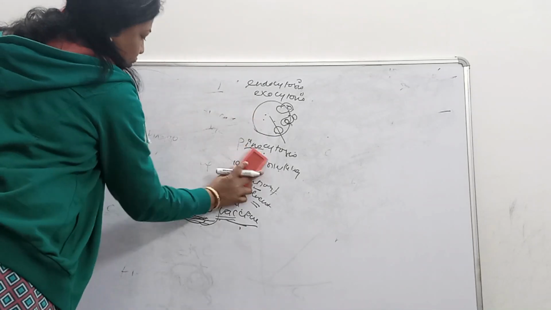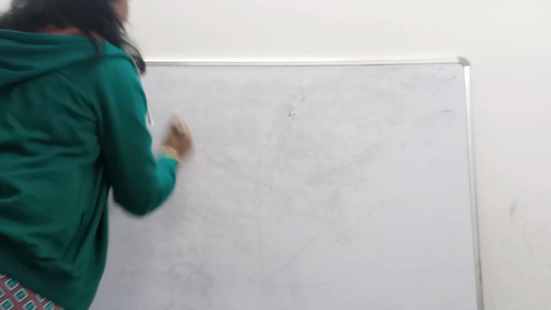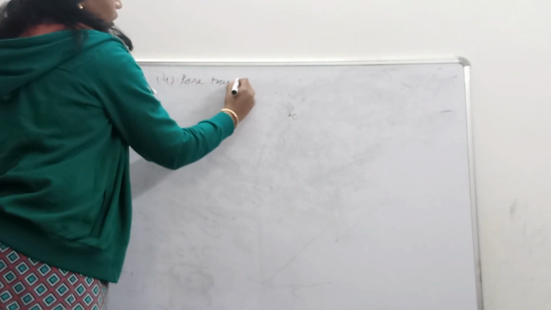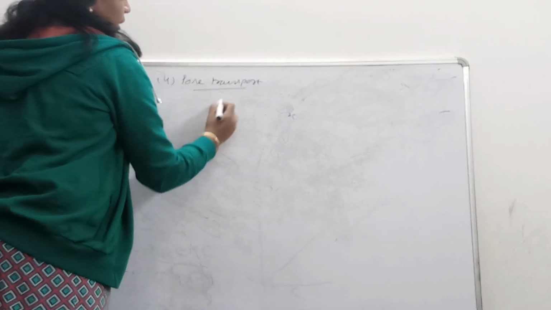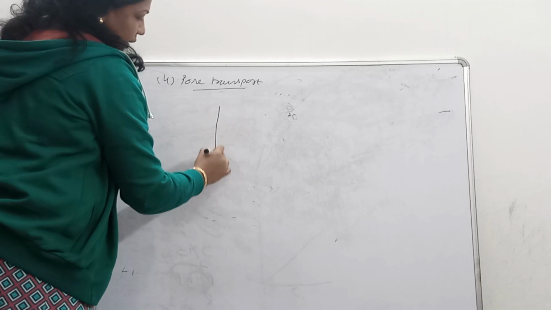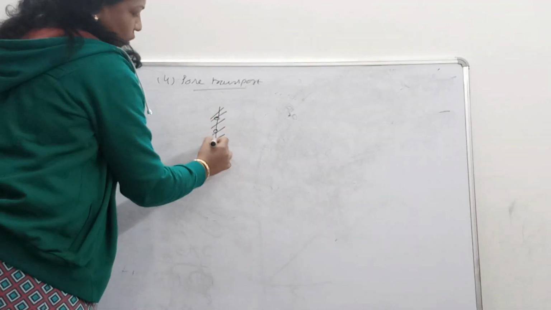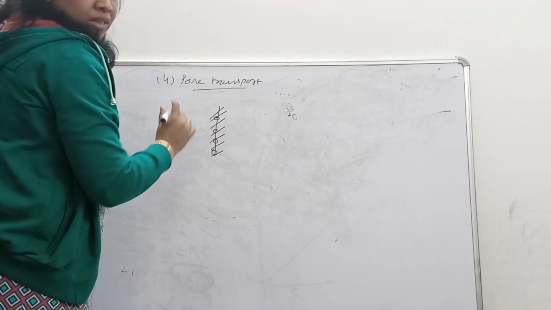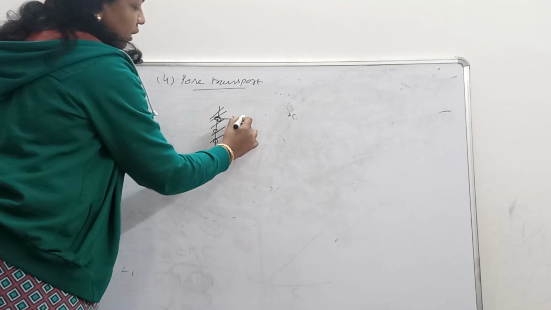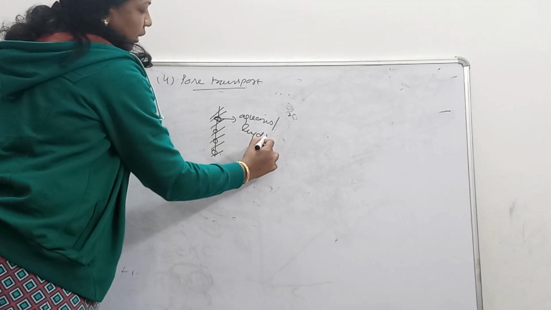Now the fourth smaller mechanism of drug absorption is aqueous pore transport. That is pore transport. So in the last video I explained that the biological membrane has some pores on the surface of the cell membrane. These pores are aqueous in nature or hydrophilic in nature.